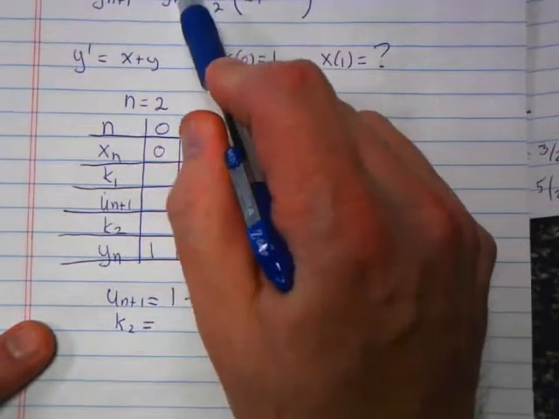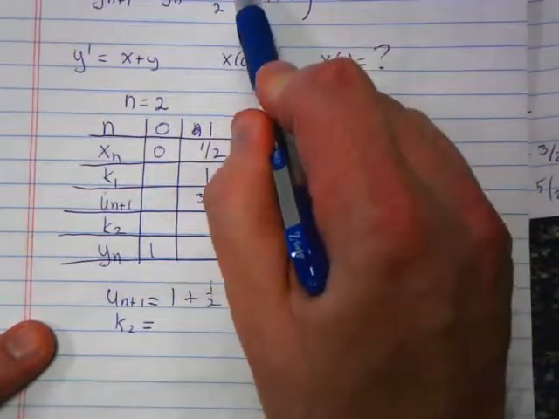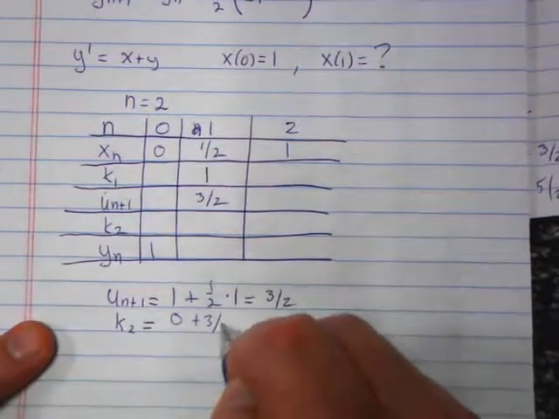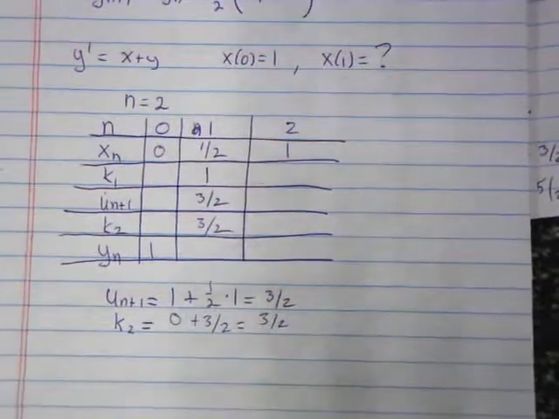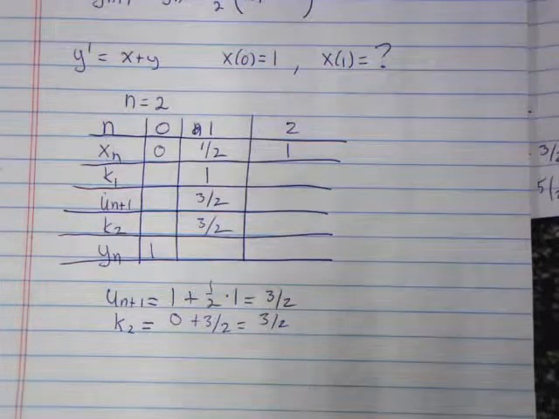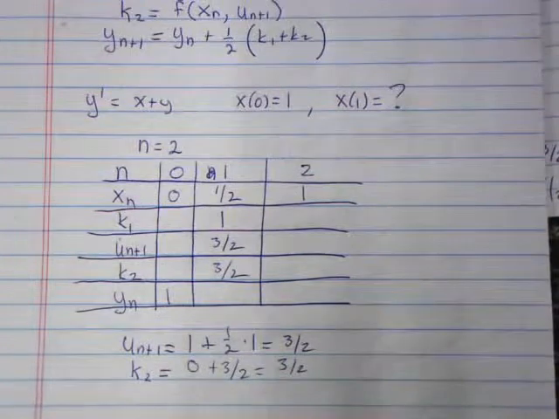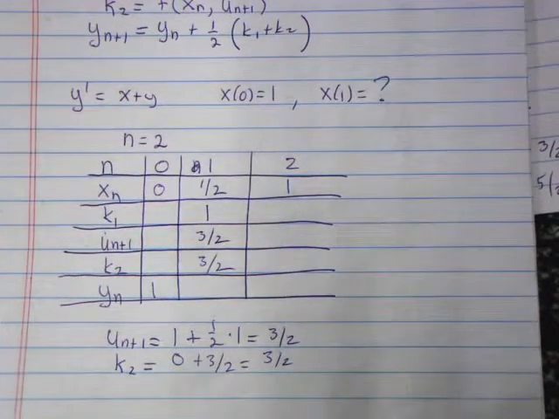X sub n is 0, and then I use this u value for my y number. So that's going to be 0 plus 3 halves, which is also 3 halves. So are we working with n equals 1 right now?